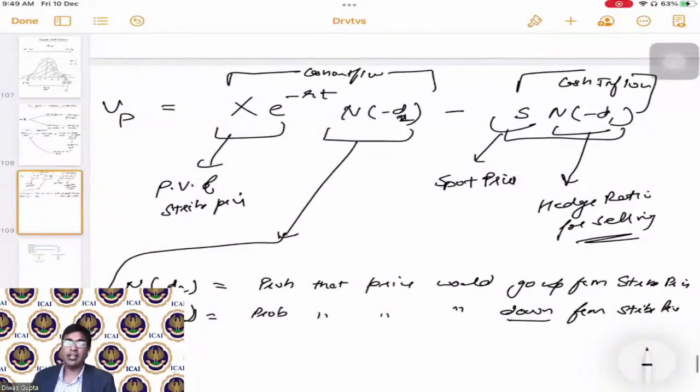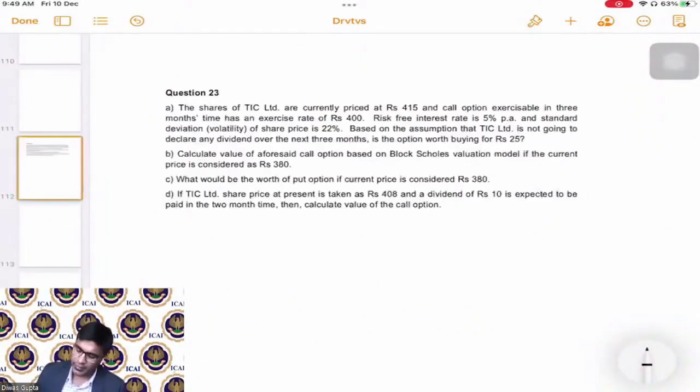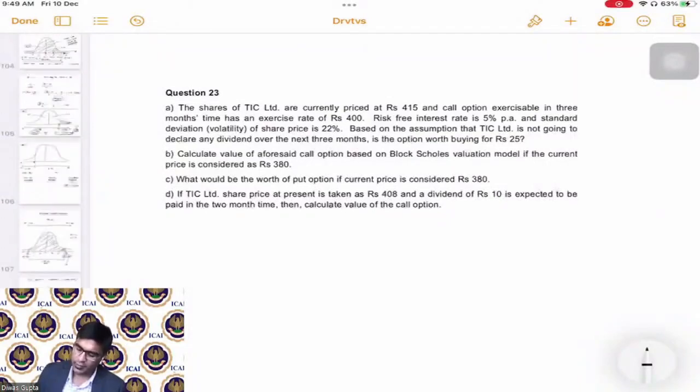Till now, if anyone has any query, please feel free to ask. I'm not covering the question now because it will not get completed in time. It will take good enough time because there is one question on the Black-Scholes model and a second question on put call parity theory. Those are the two questions that are left.